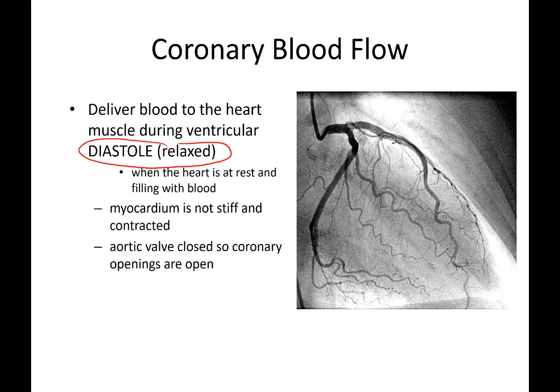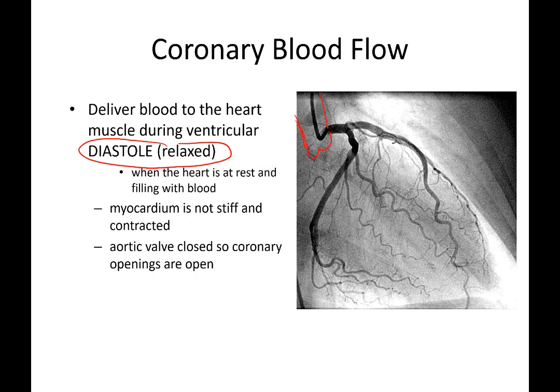There is a second reason for that. First of all, it was the stiffness and the squeezing of the muscle against the smaller vessels going into the thickness of the heart wall. The second reason why there's little blood flow in the coronaries during systole, or when the heart is contracting, is because the aorta lies here.